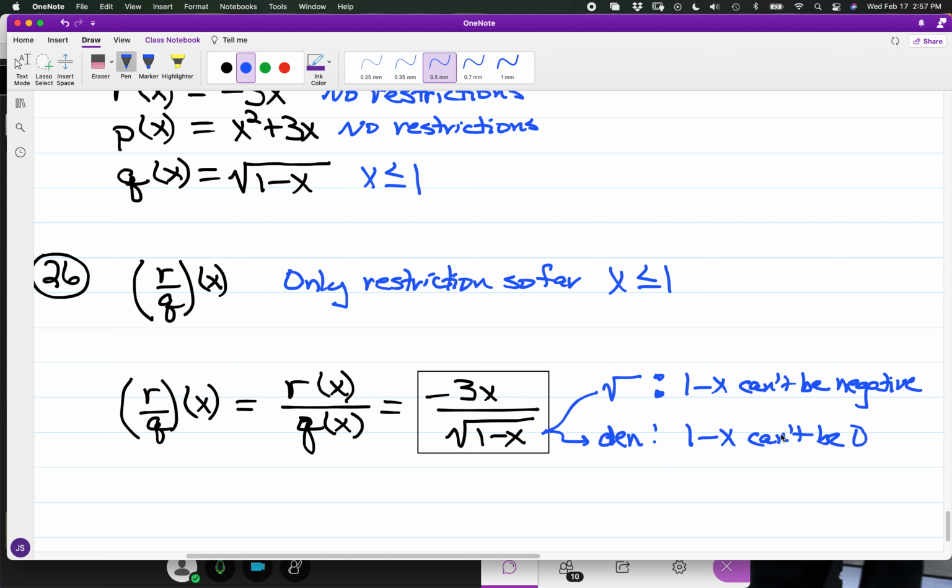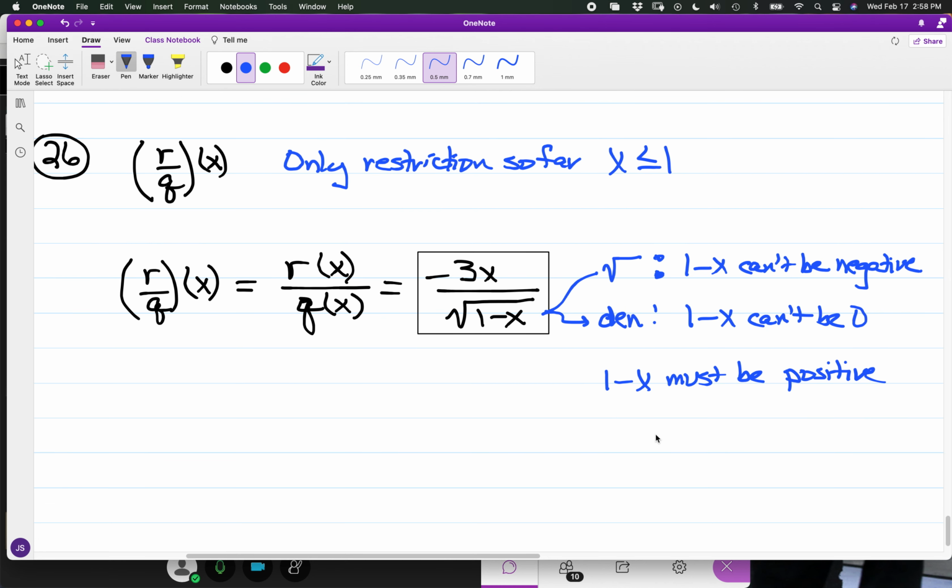And with the combined limitations, okay, that means that 1 minus x must be positive. So that means this time, okay, so we have 1 minus x must be greater than 0.